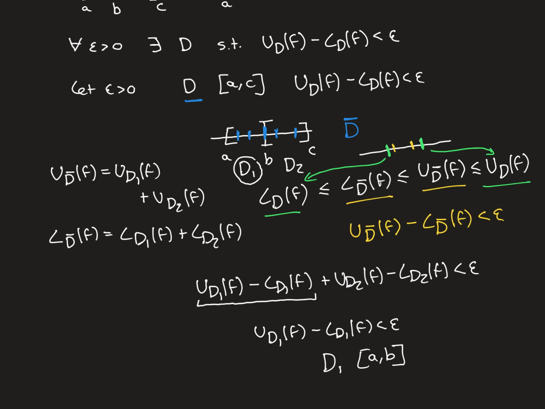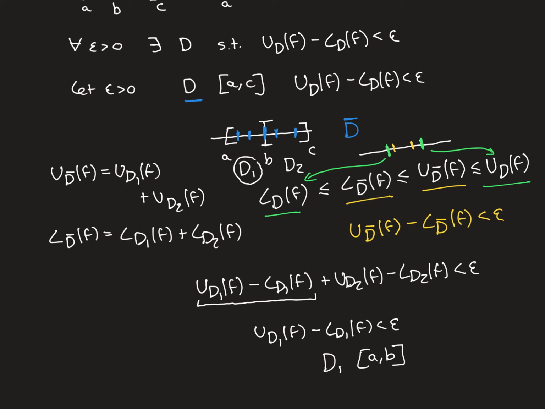So this is some positive number. If this plus a positive number is less than epsilon, then certainly this on its own is less than epsilon. So this is actually less than epsilon minus some positive number, and of course it's a positive number as well, so we know it's greater than 0. So that's how we can conclude that this bit is less than epsilon from this.